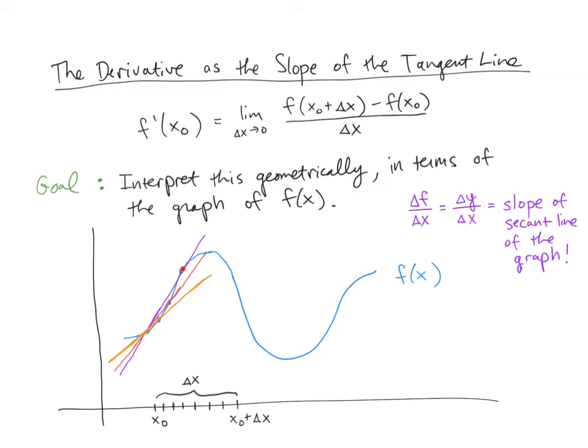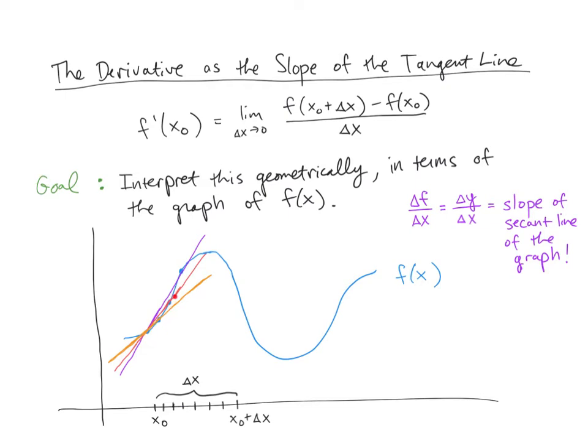For this point here, delta x is this small amount, and we look at the function at the right endpoint, and the slope of the secant line connecting those 2 points, the secant line is this purple line here. The slope of that is the average rate of change over this small interval here.